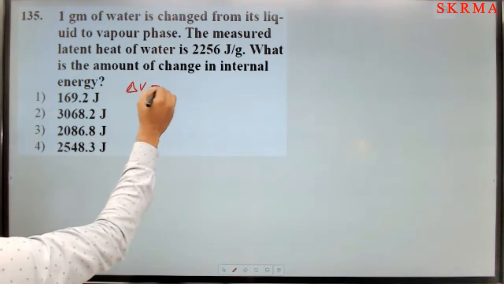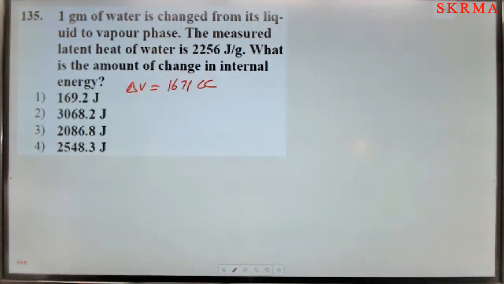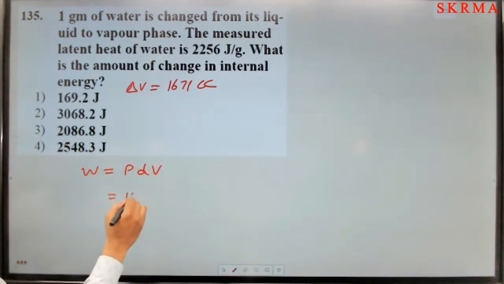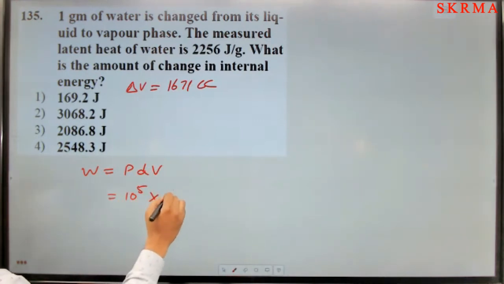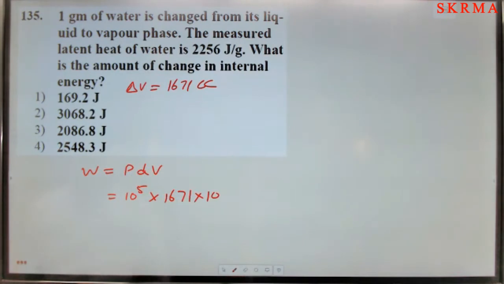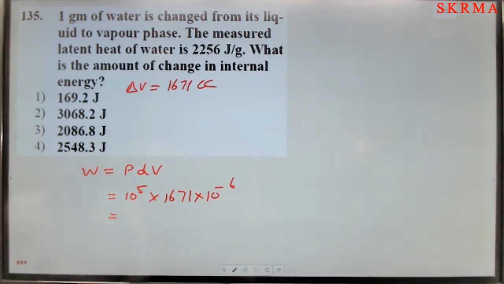So the change in volume is 1671 cc. Now, what is the change in internal energy? First calculate the work done. Work done equals P dV. Pressure is 10 power 5 Pascal. Change in volume 1671 cubic centimeter, that means 10 power minus 6. So how much is it? 167.1 joule. This is the work done.